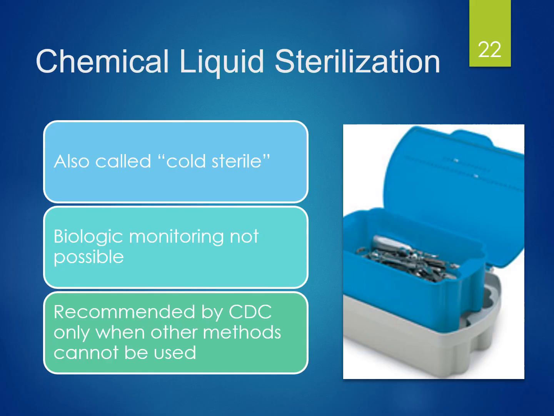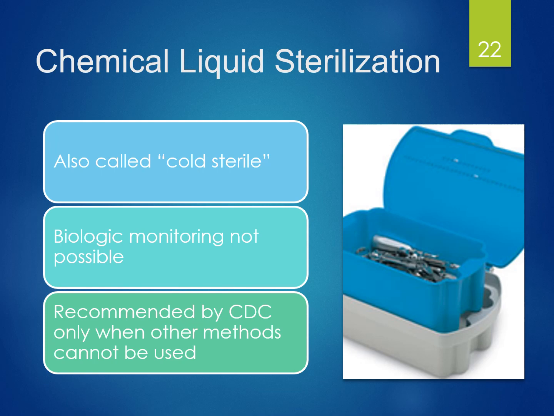And next we have chemical liquid sterilization, also called a cold sterile. With this, biologic monitoring is not really possible. It's recommended by the CDC only when no other methods can be utilized. So you really have to keep a logbook and see how long the items have been in there.